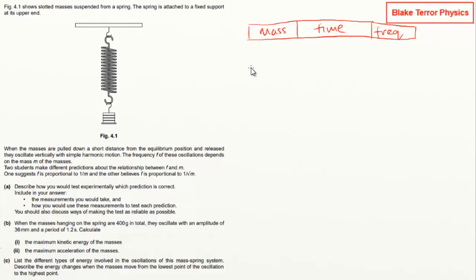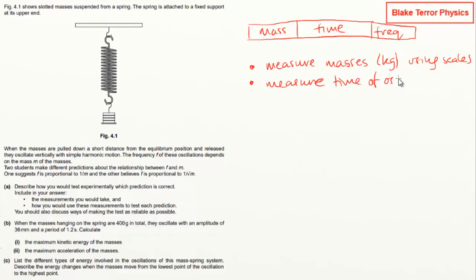So we're going to start off by saying that we will measure mass using, what are these, the slotted masses? Yeah, measure masses in kilograms using scales. Then we will measure time of oscillation using a stopwatch.